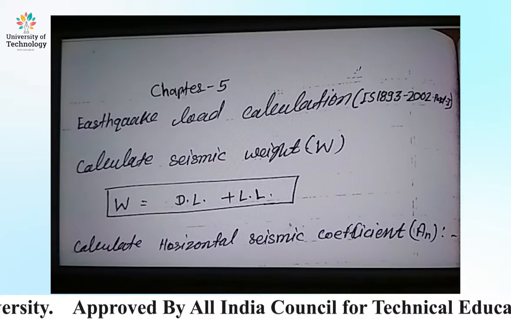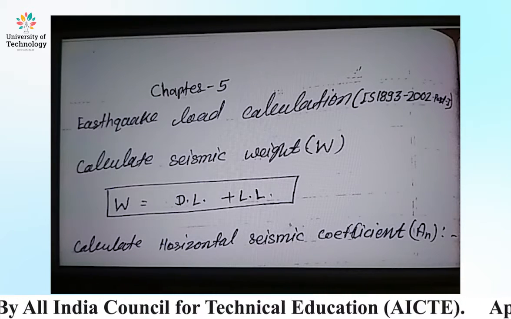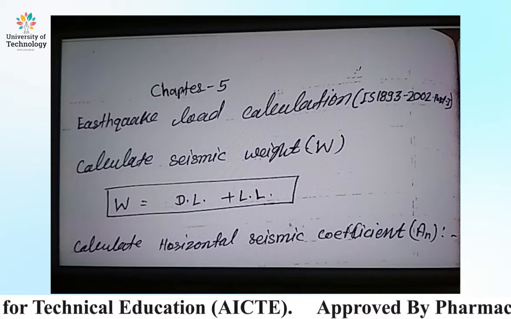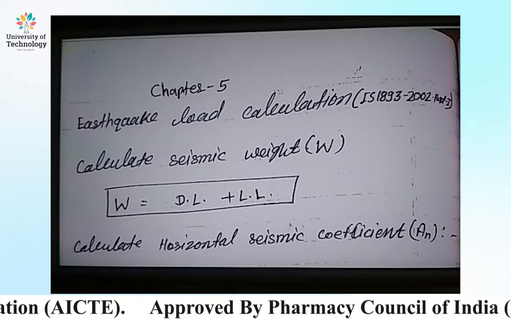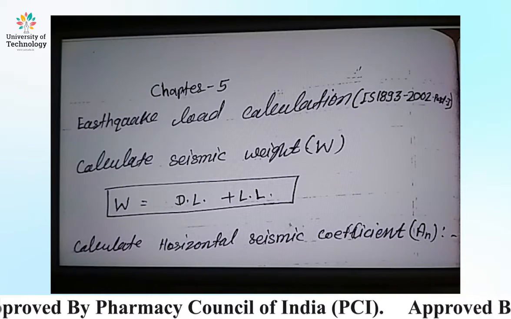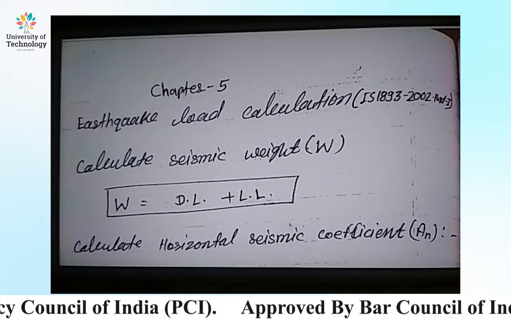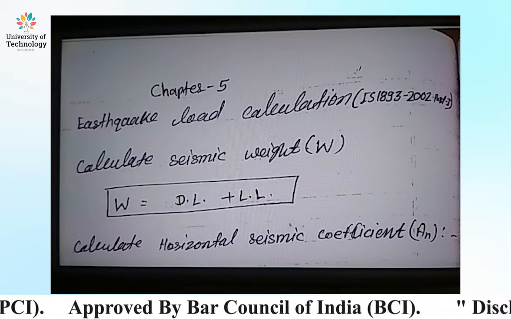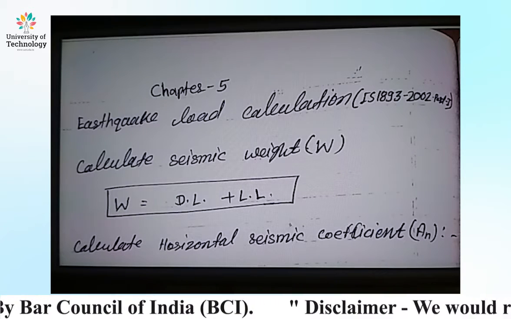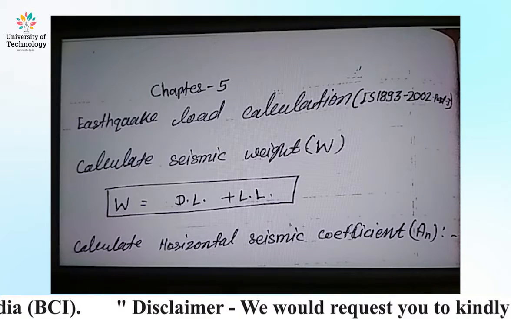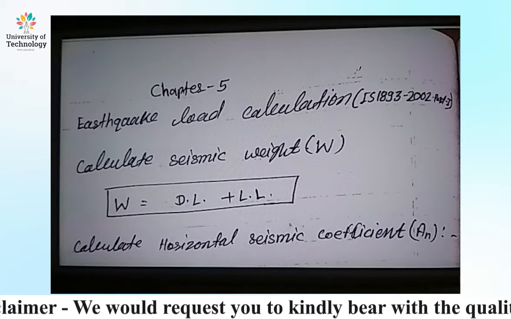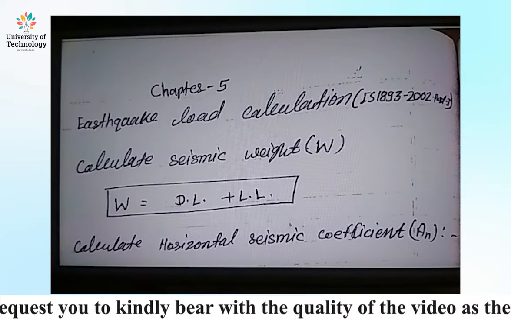This earthquake load calculation is given in IS 1893:2002 Part 1. There are several versions of this code, but specified in this code is 1893/2002 Part 1.